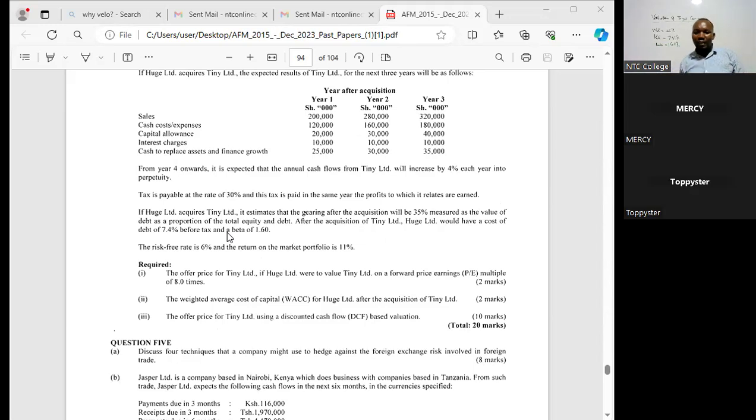Which beta equity is this? Is it beta of a levered firm or unlevered firm? This beta.